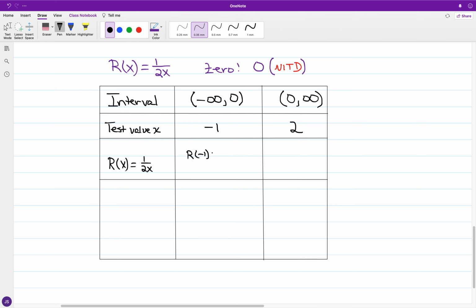For r of -1, you have 1 over 2 times -1, so that is going to go to -1/2. Now for r of 2, this will be 1 over 2 times 2, and this will come out to positive 1/4.